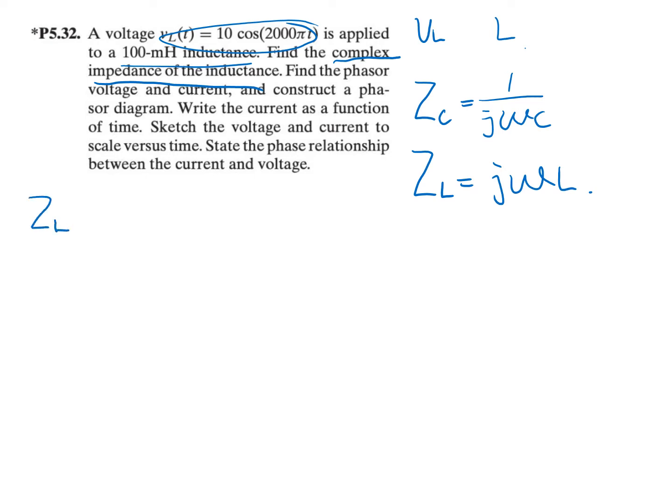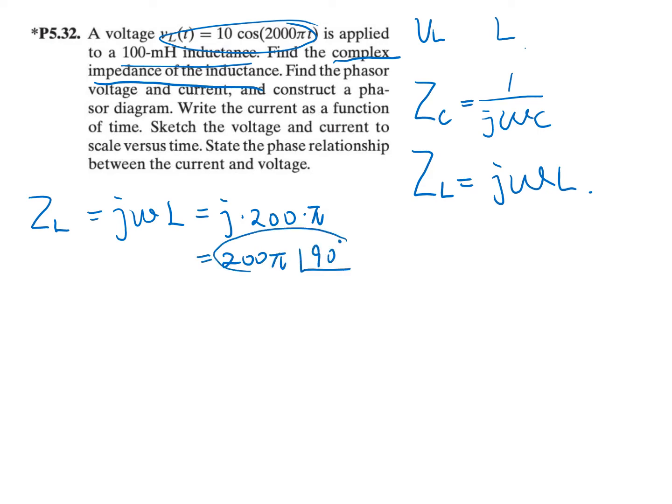ZL is j omega L, that is j times 200 pi, that is 200 pi, angle of 90 degrees. So we found the impedance.